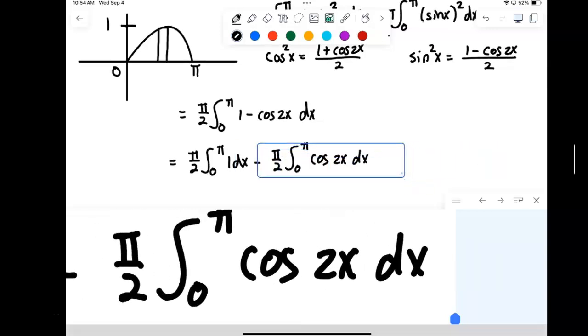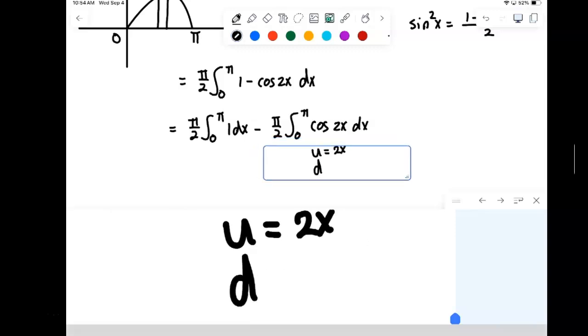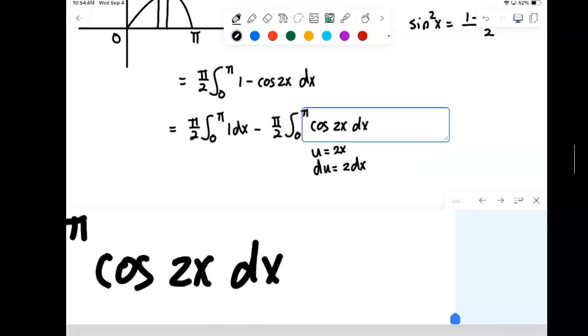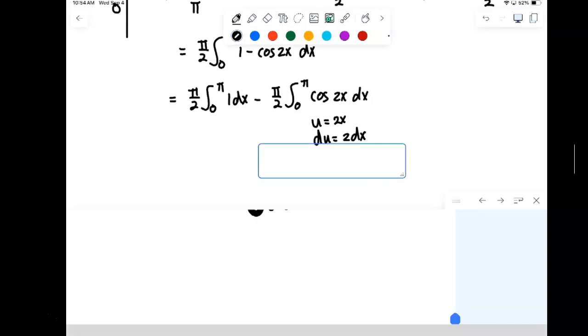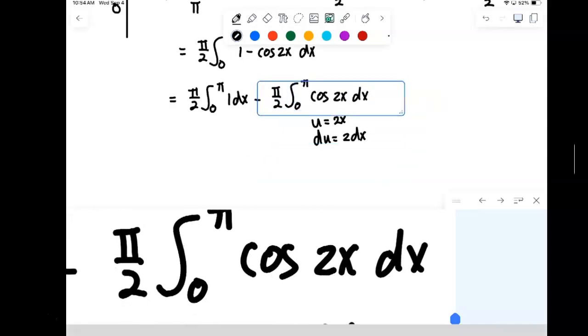So cosine 2x is a composite function, so I'm going to do the substitution here. u equals 2x. du calls for a 2 dx. So I need a 2 to go in there with the dx to carry the substitution through. So I can put the 2 there, but then I have to divide by it on the outside.